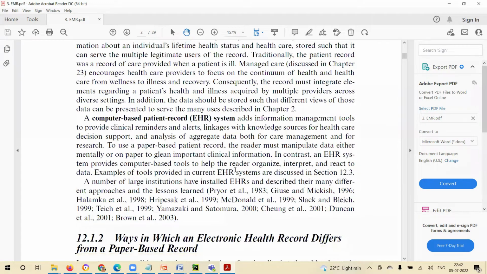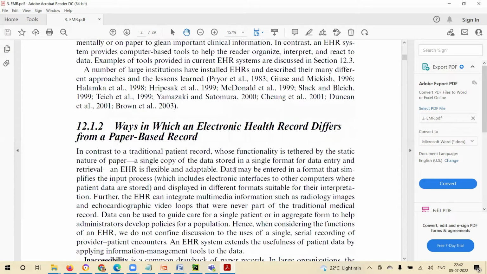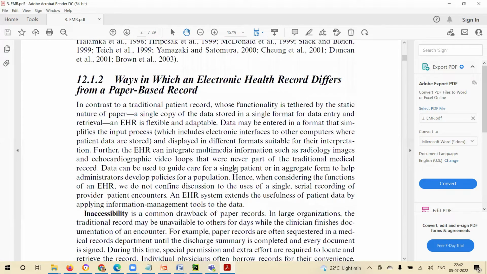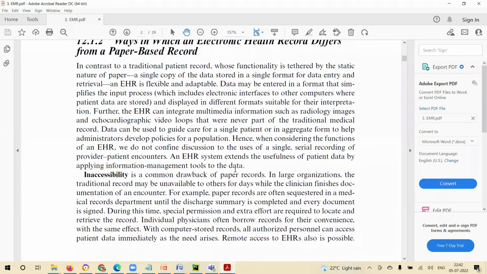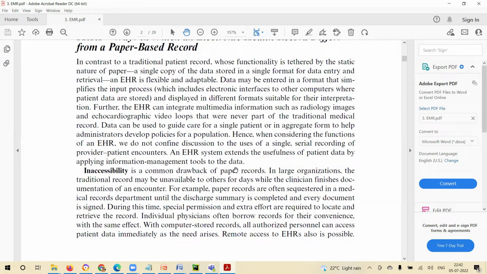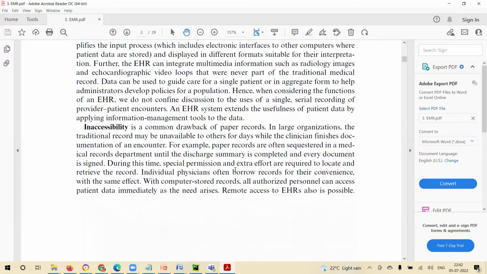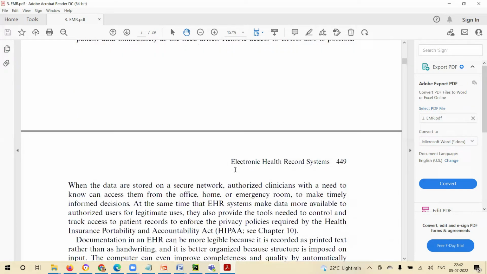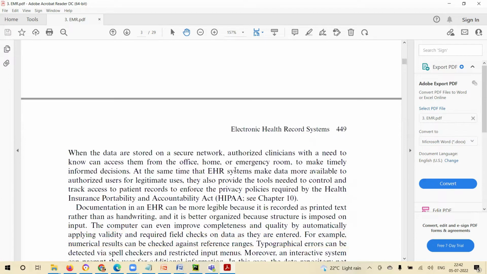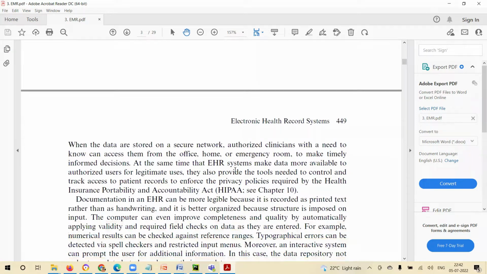So computer-based means it's electronic-based. And this talks about the advantages of computer over paper. You know that, right? Inaccessibility: paper you have to carry, but electronic is always available. We'll talk about the policies of HIPAA, the Health Insurance Portability and Accountability Act.